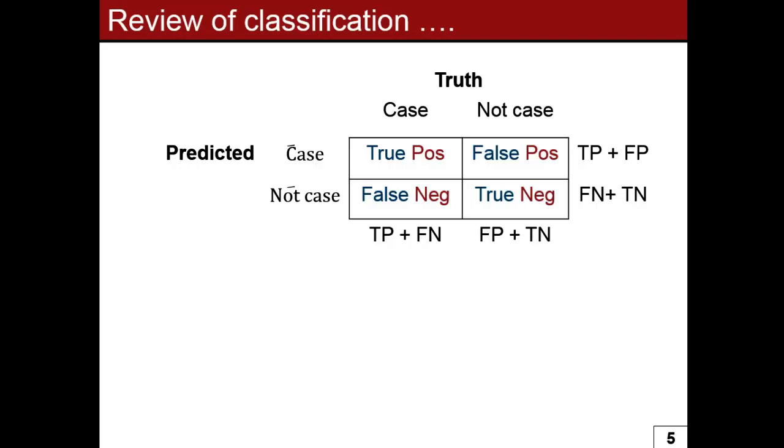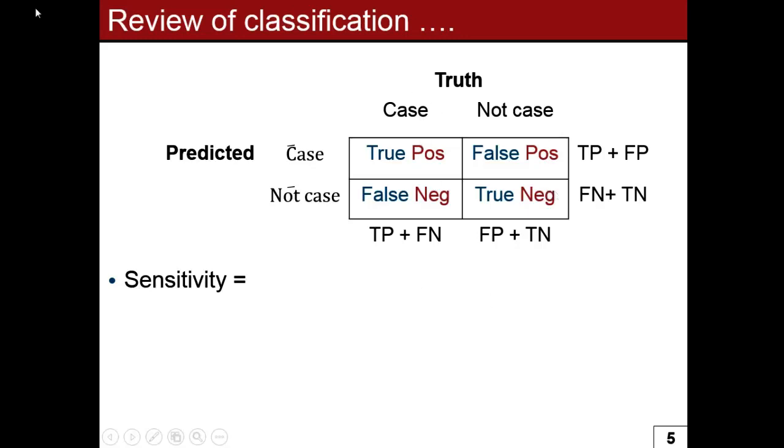To review, imagine you have a 2x2 table where the columns are truth, whether someone is truly a case or diseased, on the left side, and the non-case on the right side. This is the truth column, what you would know if you were a deity.